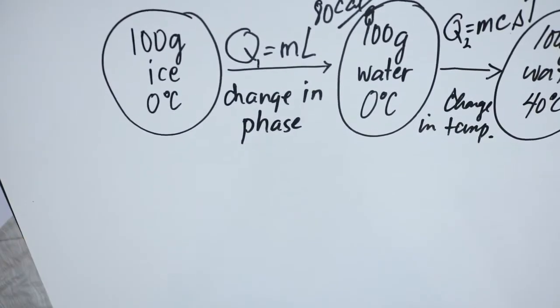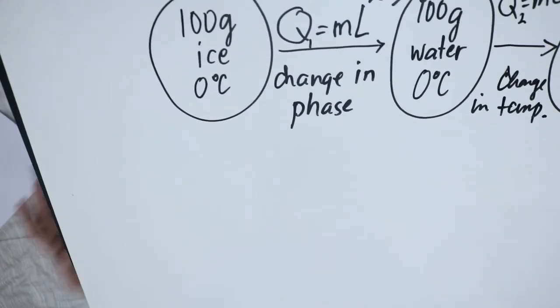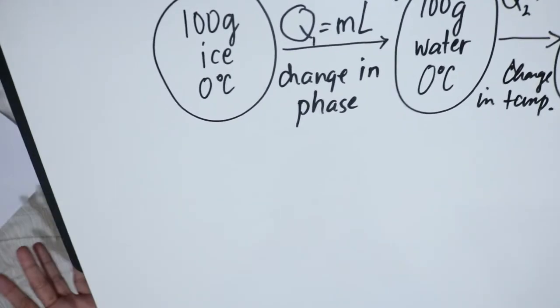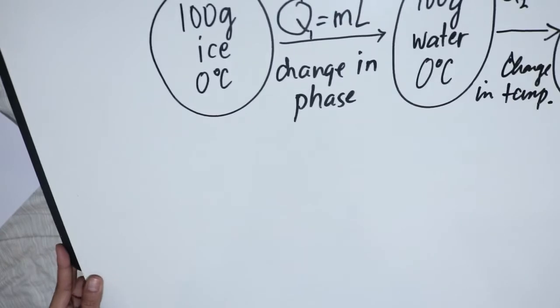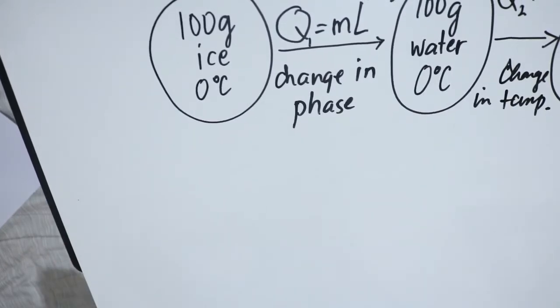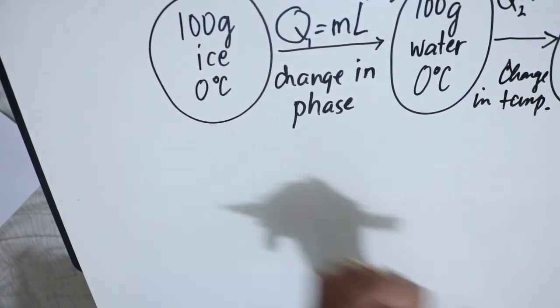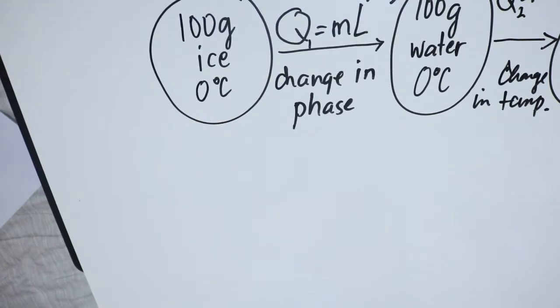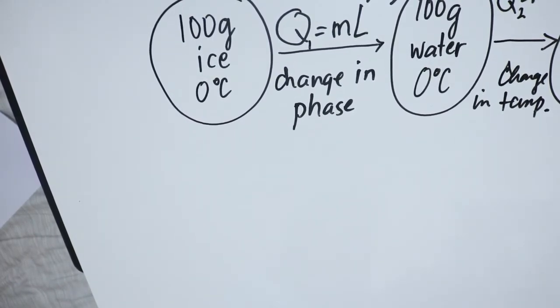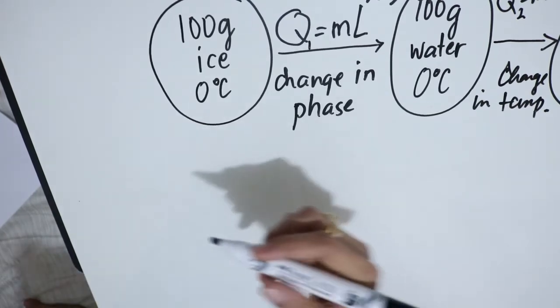We have already analyzed the problem, and we can do our calculation on how we will arrive at the total energy used. The first thing, when I ask you to do this kind of problem, I always ask you to write the given first.